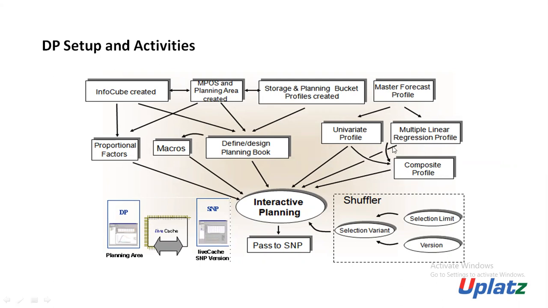Under this master profile univariate, we are not going to cover multi-linear and composite, because 99% we are going to use univariate profiles only. We covered design and define planning book. We covered entire demand planning. Additionally, we covered life cycle planning, which is one of the features of APO demand planning.